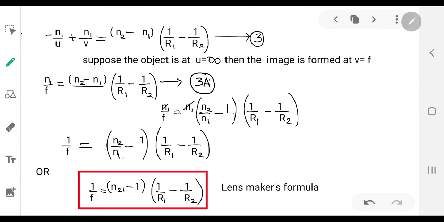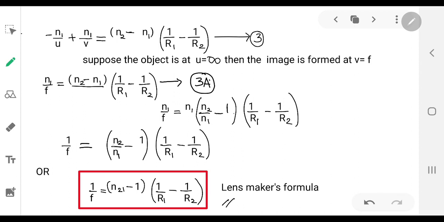So n2 by n1 can be written as n21, that is the refractive index of the second medium with respect to the first medium. This gives the lens maker's formula. Look at this equation.